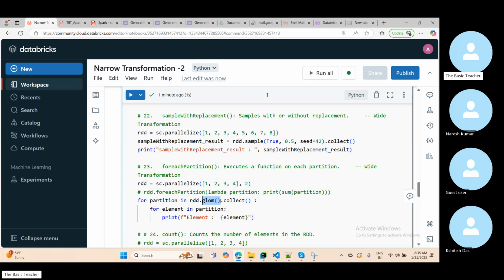If not, you can explore it more. Then dot collect. And for element in partition, print each element. So if you want to apply something over each partition, then we go for foreachPartition. Anyways, I will run this directly first. I think there was some issue. That's why I had commented this.